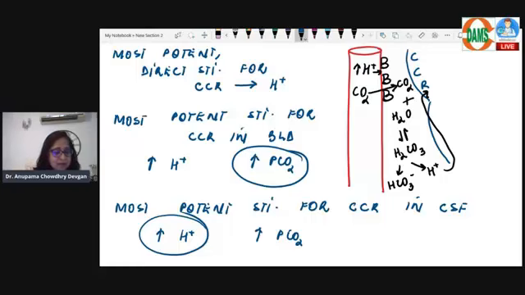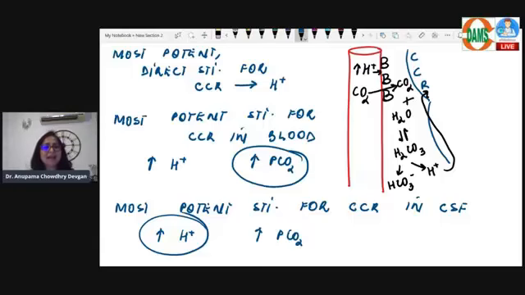See, BLD is blood, most potent stimulus for central chemoreceptors in blood. Whenever the stimulus is increase in H plus, have you understood? Increase in H plus will stimulate. Increase in H plus means acidosis.